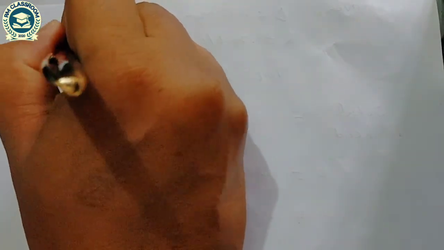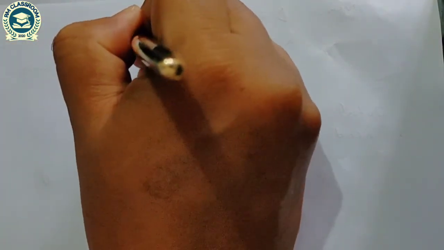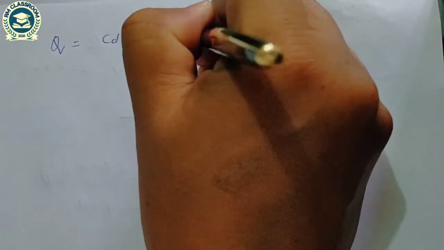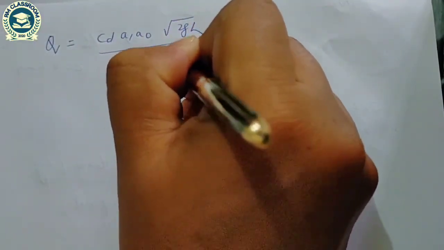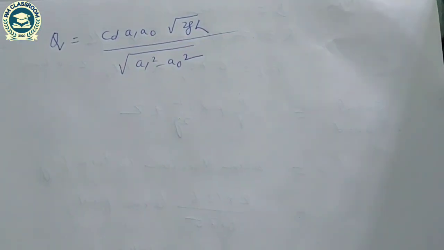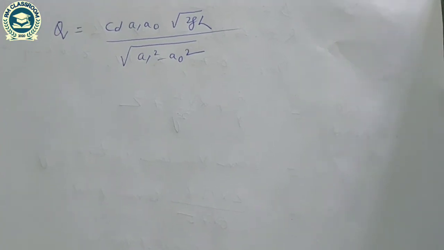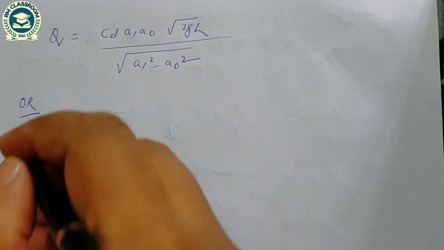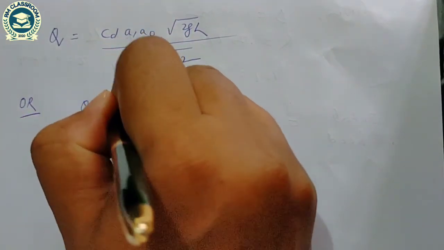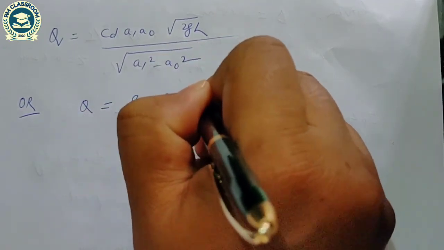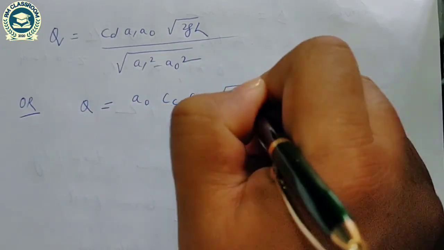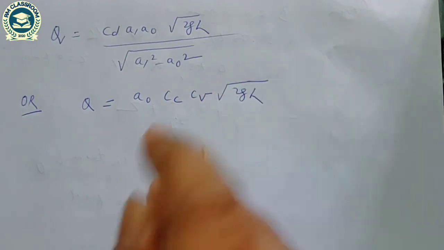So we know that the discharge through orifice is equal to Cd A1 A0 root under 2gh divided by square root of A1 square minus A0 square, or we can write Q is equal to A0 Cc into Cv square root of 2gh.